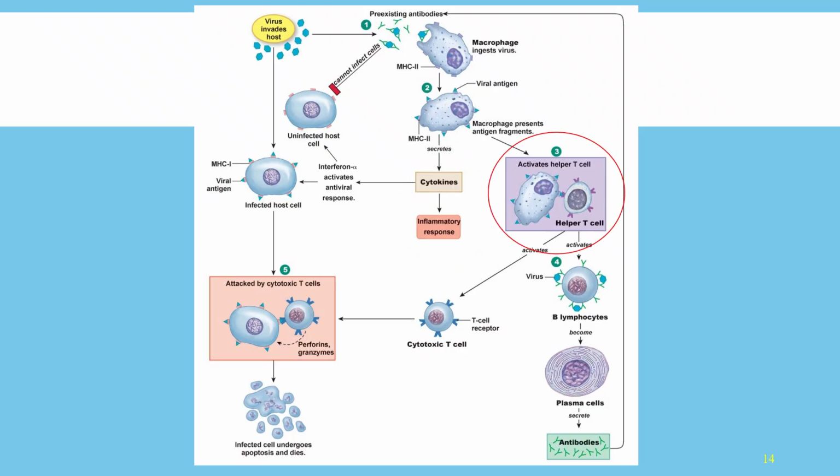And so once these cytokines are released, again, it can activate our cytotoxic T cells. It can also activate our B lymphocytes as well. Okay, so there's two fates here. Cytotoxic T cells or B lymphocytes, as you can see here.